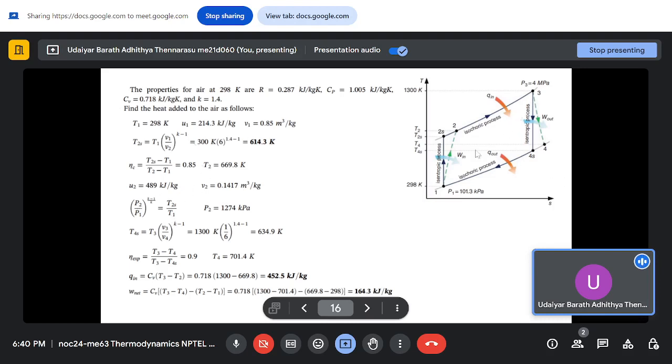So P2 is nothing but P2 by P1. This is an isentropic process.